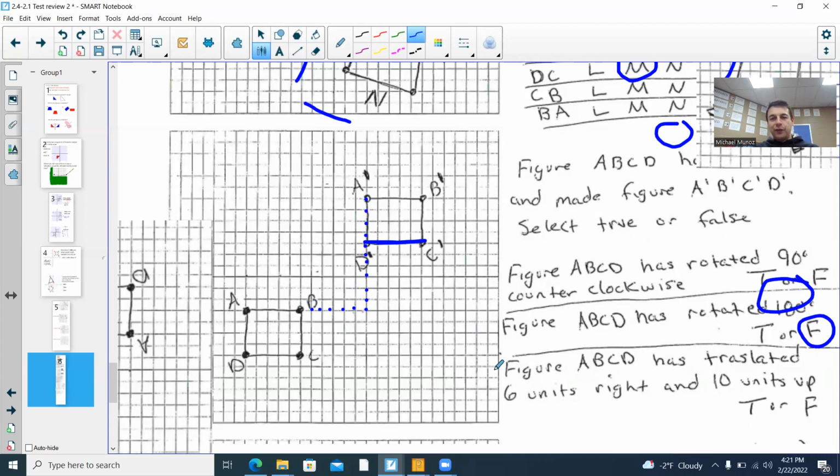So this one is actually false because we want to go from B to B, and we went from A to A. So although it's 10 units up, to get to B, we have to come all the way up here to line up to B. So in this case, they are all false. And that is our review.